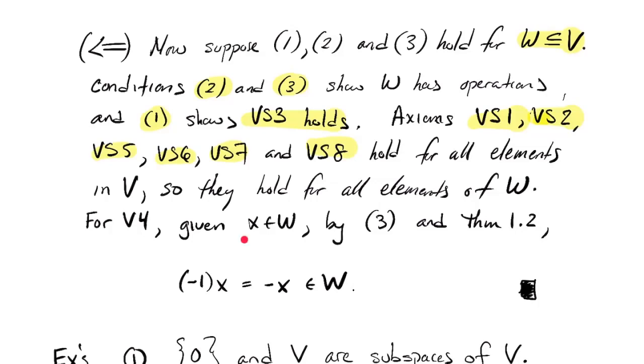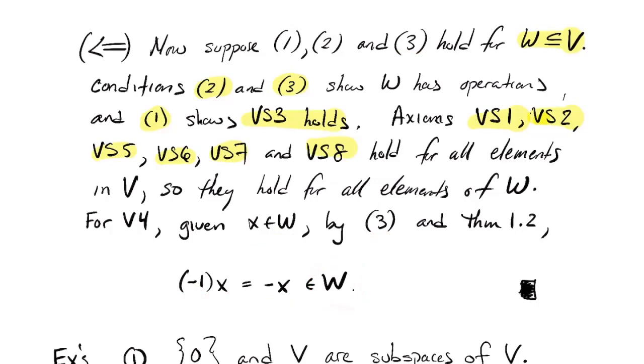Well, if you give me any vector in W, then by the third property, which we're assuming holds for W, if I take the scalar -1 and multiply it by my vector, I know I have to get something in W, right? Because the third property holds. But -1 times X is the additive inverse of X. We proved that. That's theorem 1.2.